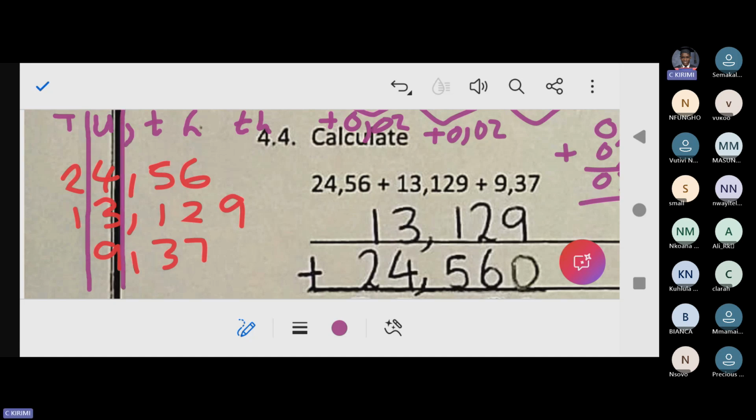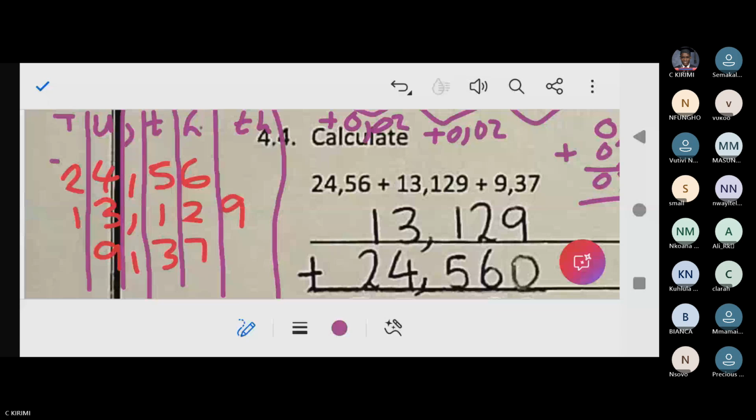So your columns should be straight when answering these questions. Straight vertical column method, so that you can see properly. Once you put numbers in zigzag, you won't see properly. So these are your place value table.